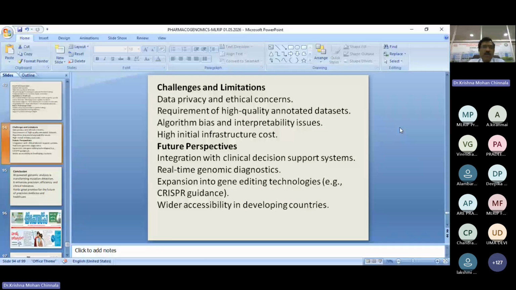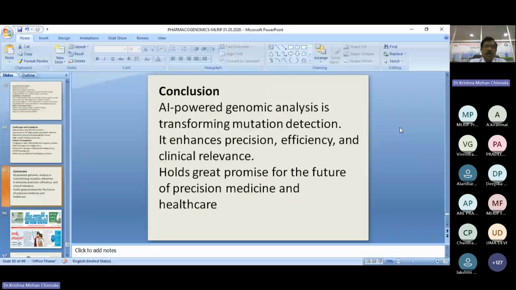Future perspectives: integration with clinical decision support systems, real-time genomic diagnostics, expansion into gene editing technologies, and wider acceptability in developing countries. AI-powered genomic analysis is transforming mutation detection.